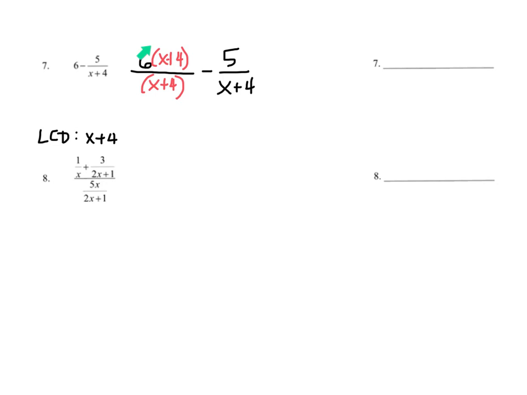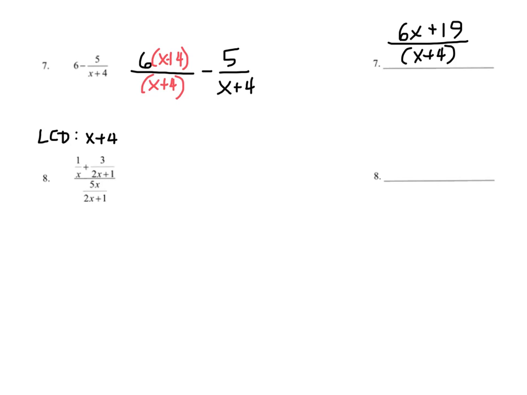They're not like terms, so I have 6x. And then I have plus 24 minus 5, so plus 19, all over the LCD. And it doesn't matter if it's in parentheses or not, it can go either way.